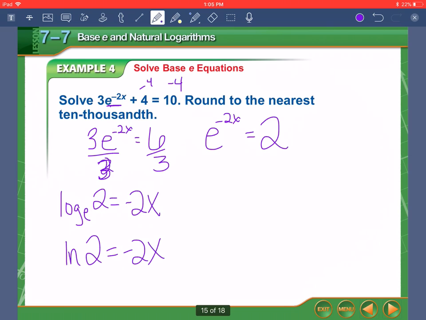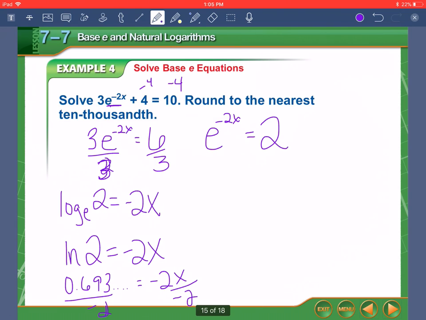So I'm using my TI-84 calculator, and in the calculator I can put in the natural log of 2. So the natural log of 2 is 0.693, going on and on for a while. So that equals negative 2x. And my last step to solve for x is I'm going to divide by negative 2.